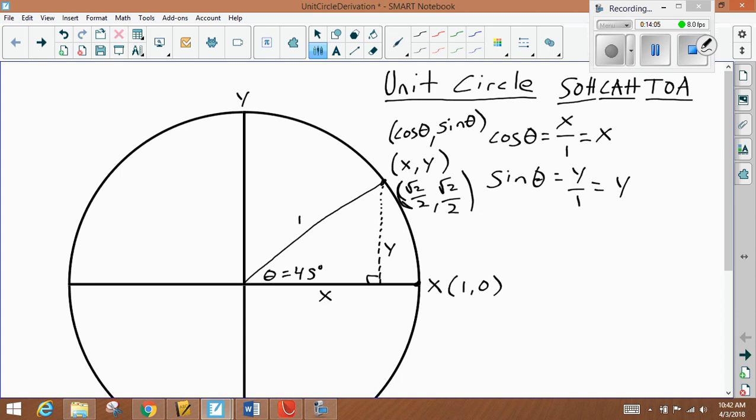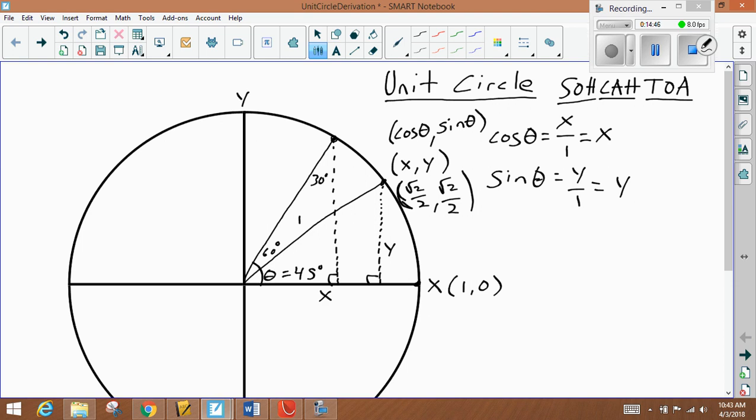Using a similar process, I can also find those coordinates. So now for this, I'm looking at this angle right here, which is going to be 60 degrees. And if that's 60 degrees, then this must be 30.